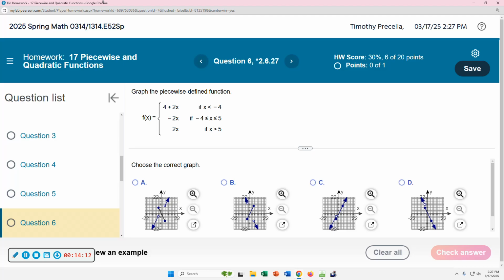And we'll use the red piece, just a +2 times x, if x is greater than 5. I need to make sure I didn't miscopy this, so give me a moment. 4 plus 2x, if that's less than -4, okay. Let me switch to my paper.